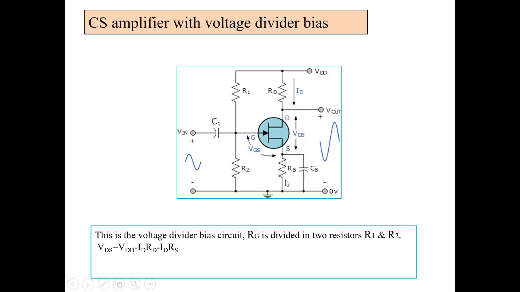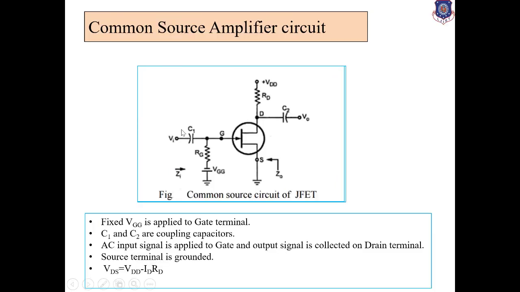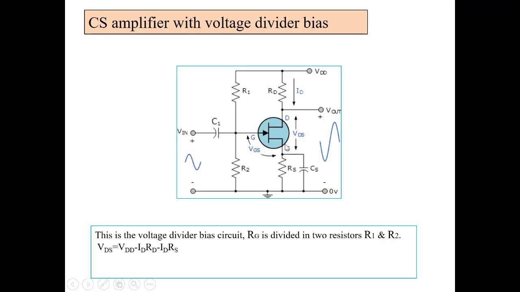Another modification is that here RS and CS are also connected. This is known as source resistance and source capacitance, the bypass capacitance. The two capacitances connected at the input and output are known as coupling capacitors, and here we are connecting one bypass capacitor.